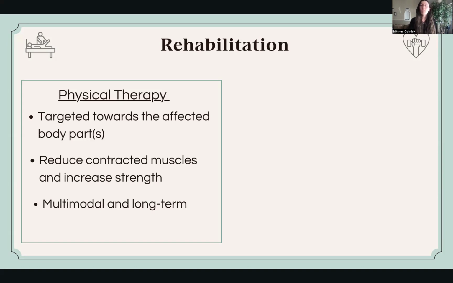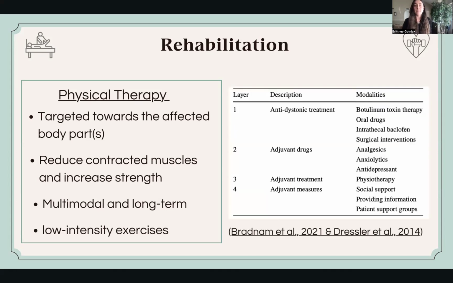So when we talk about physical therapy in dystonia, we're really looking at the affected body parts and to really try and relax those muscles, retrain the affected muscles, look at gait and balance, and try to help individuals just increase their overall quality of life.